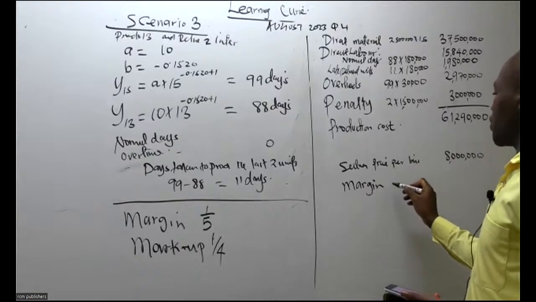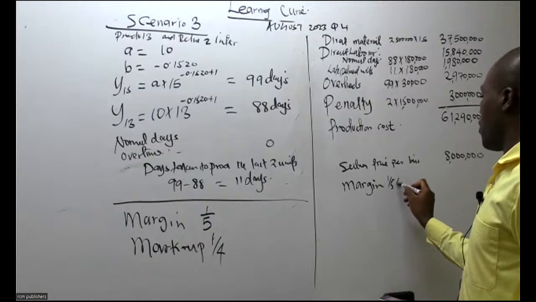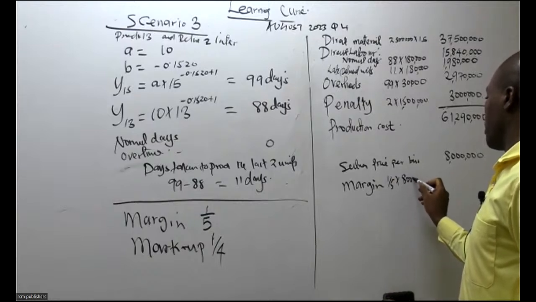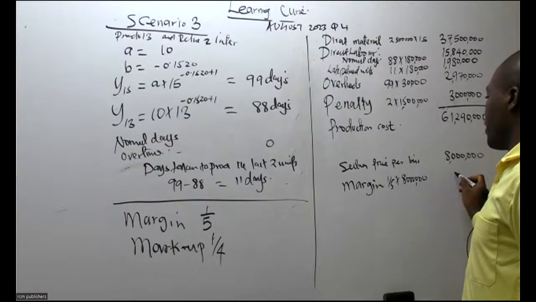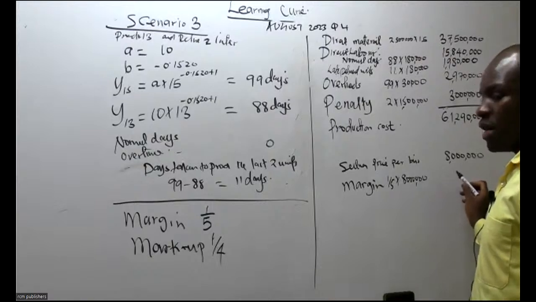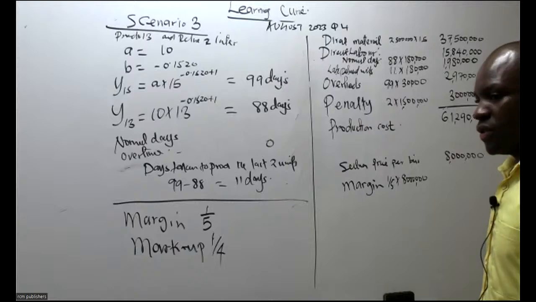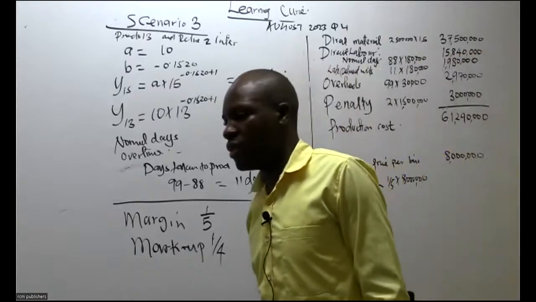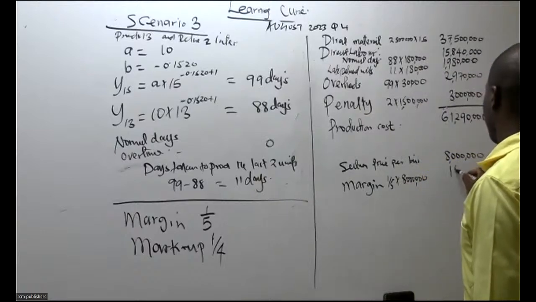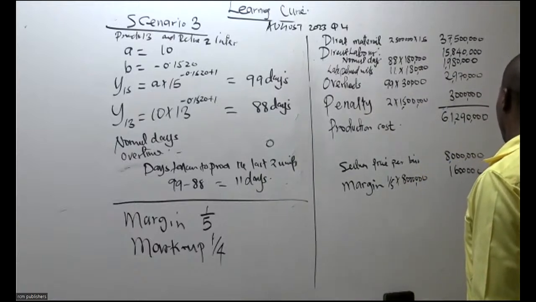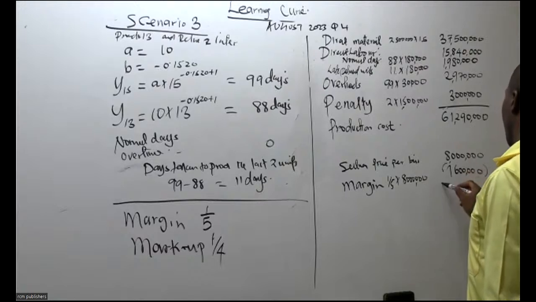Margin is equivalent to 1/5 of 8 million. 20% of 8 million ni ngapi? 1,600,000. Ukitoa hiyo unapata ngapi?